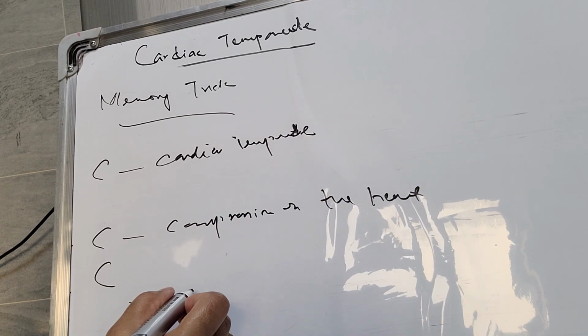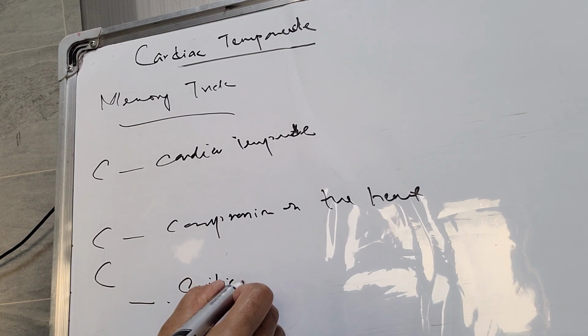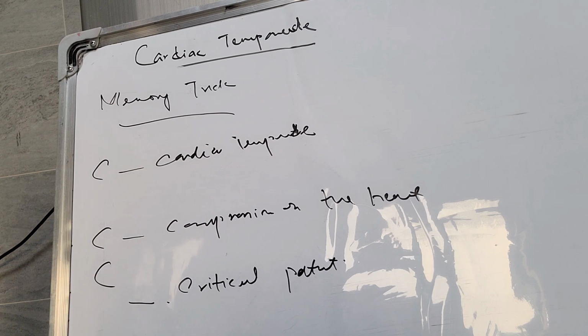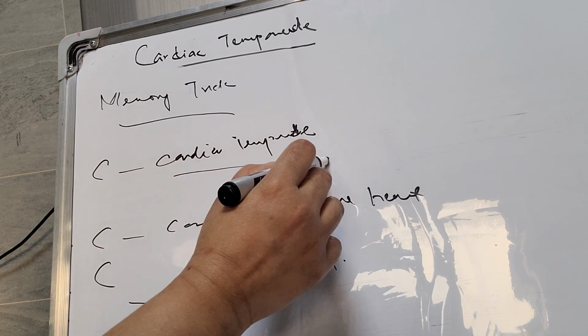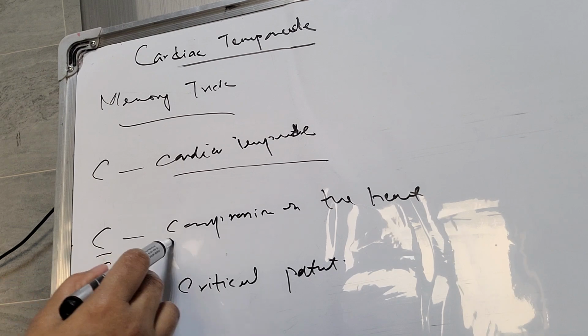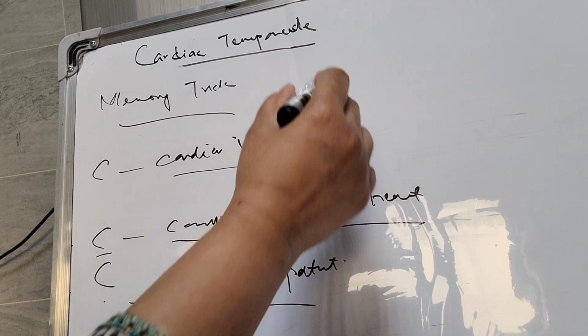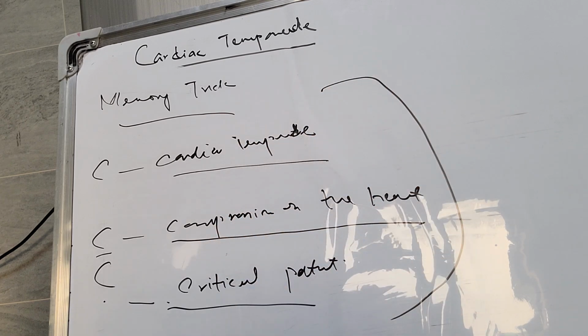And the other C, critical client. Critical patient. When you receive questions in the NCLEX or elsewhere, sometimes they write client; sometimes they do not write patient. The client means patient. So C, cardiac tamponade. C, compression on the heart. C, critical patient. So if this triple C is there, this is a medical emergency.